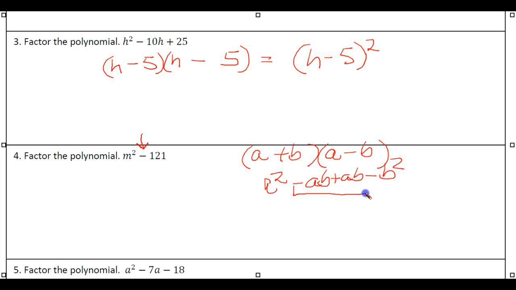And you'll notice our middle terms cancel out, so we end up with a squared minus b squared. This is the difference of perfect squares, is what we have here.